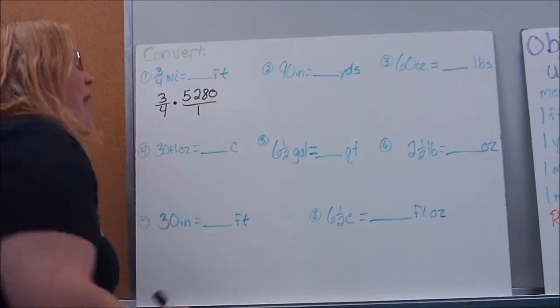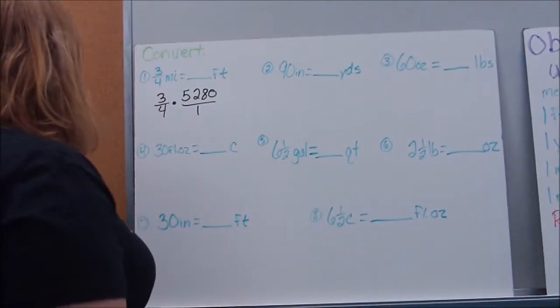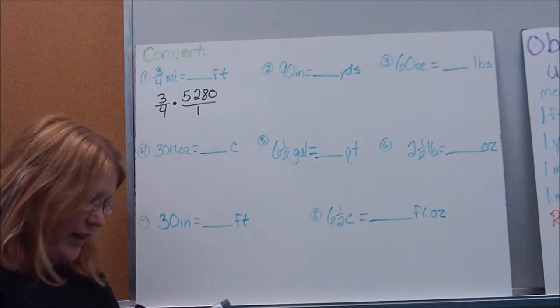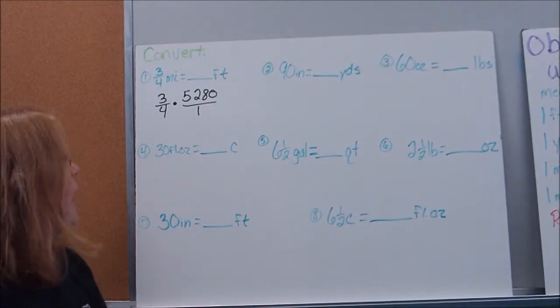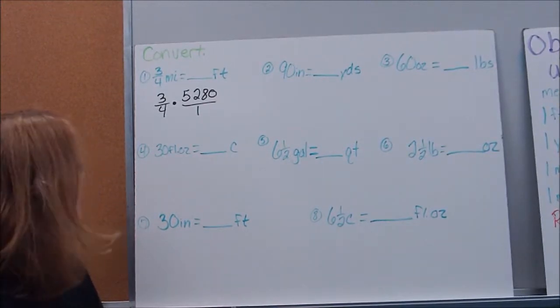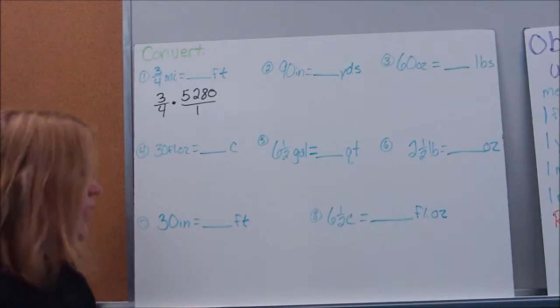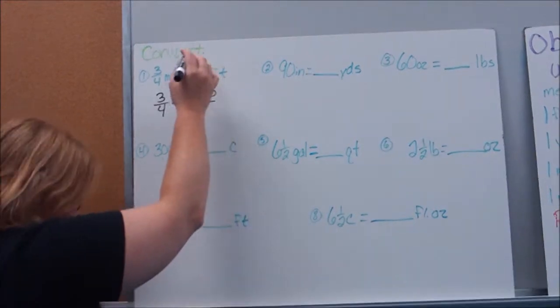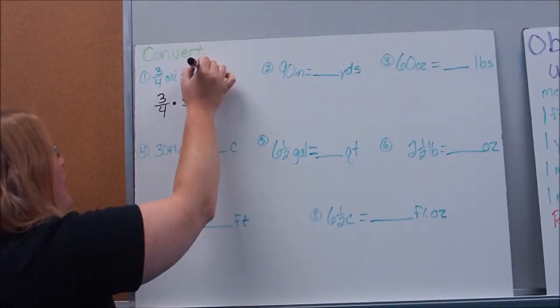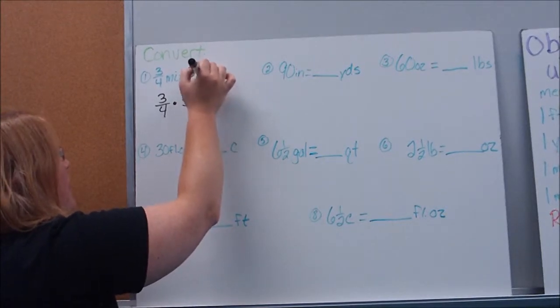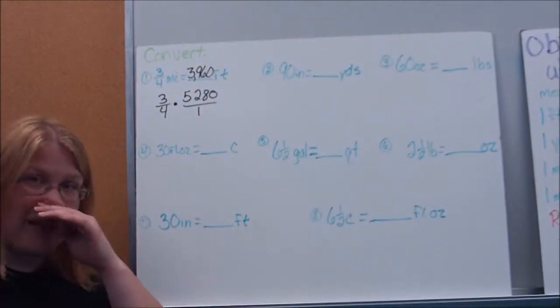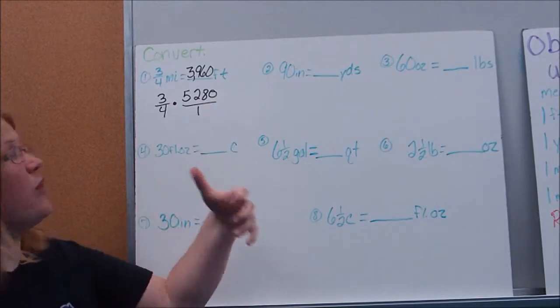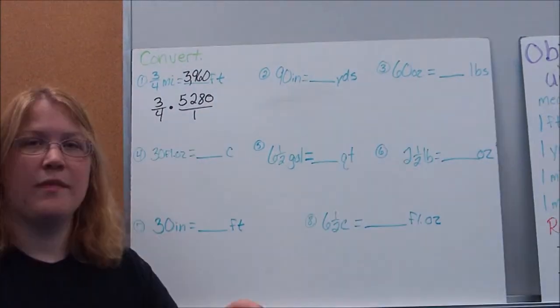And I'm going to write it in a fraction since I'm multiplying by a fraction. Here I'm going to use my calculator, mostly because I'm getting kind of lazy and I'm not really doing this in my head. When I do that, I wind up with 3,960.